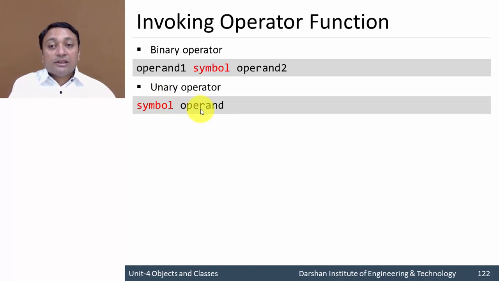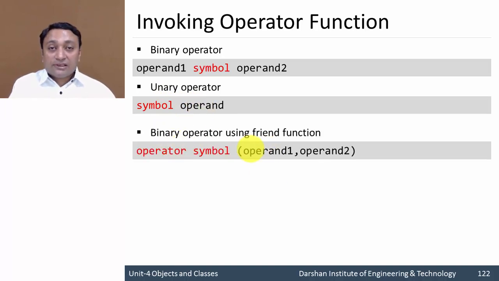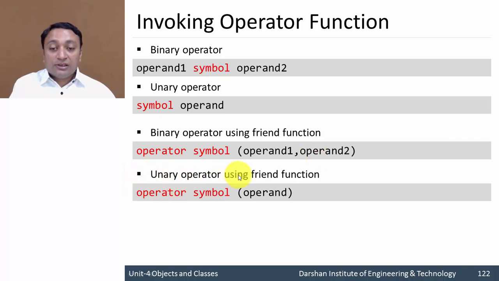Now if you are using operator overloading with friend function and your operator is binary operator, then to invoke that is operator keyword, then operator symbol, operand 1 and operand 2. If it is unary operator and using friend function, then it will be invoked using operator keyword, then operator symbol and single operand as argument.